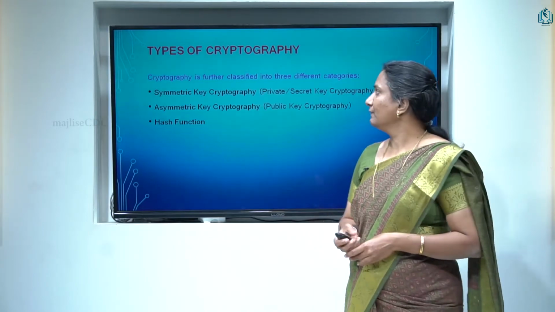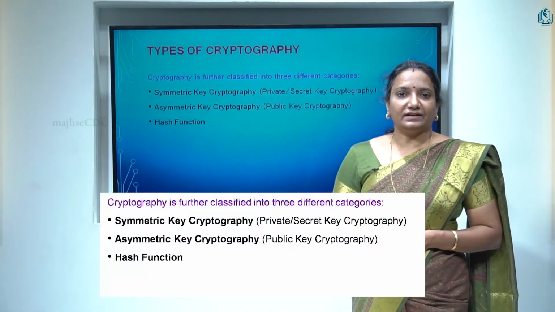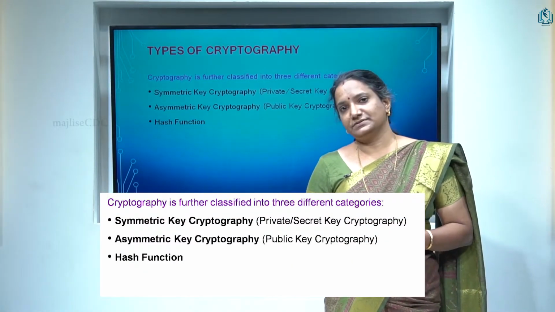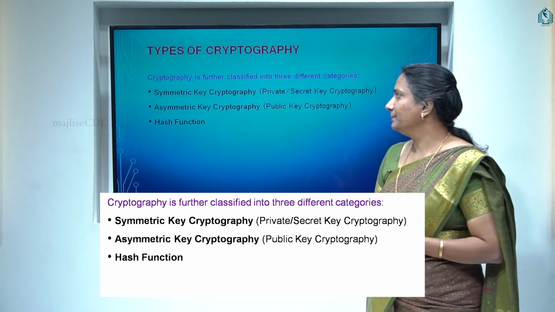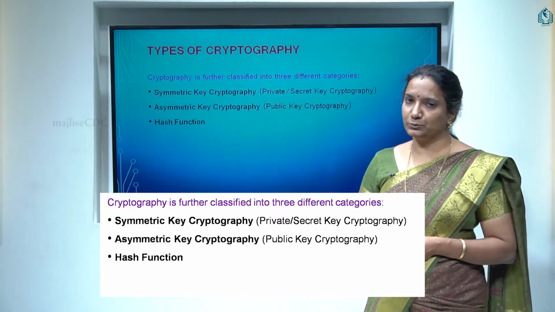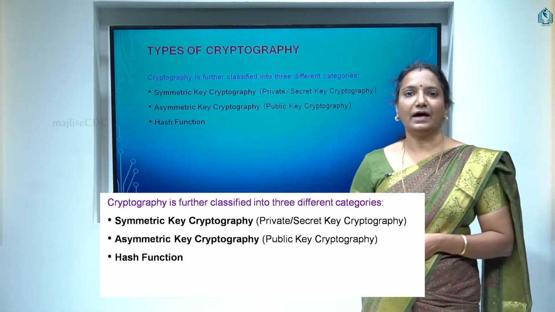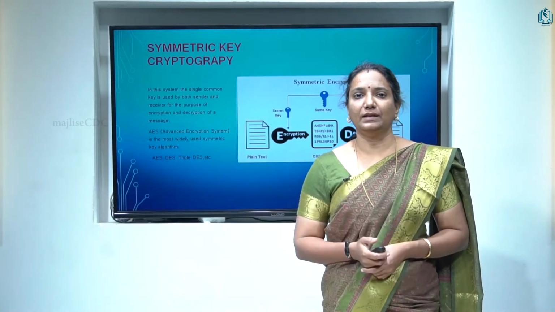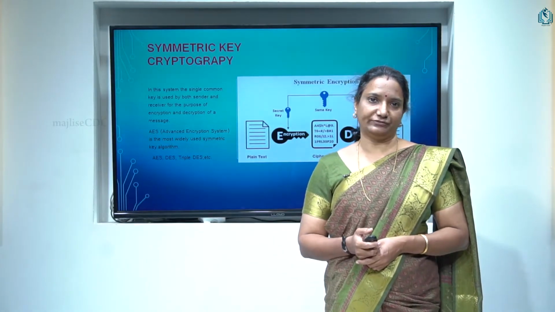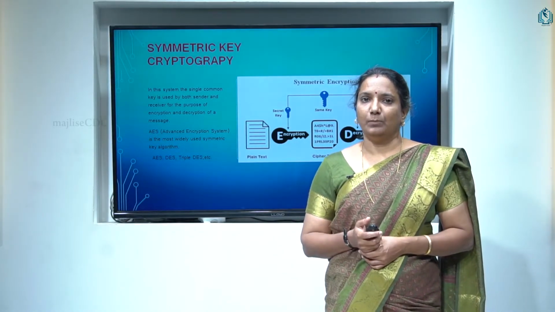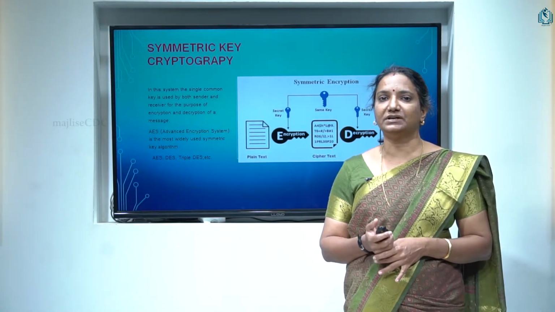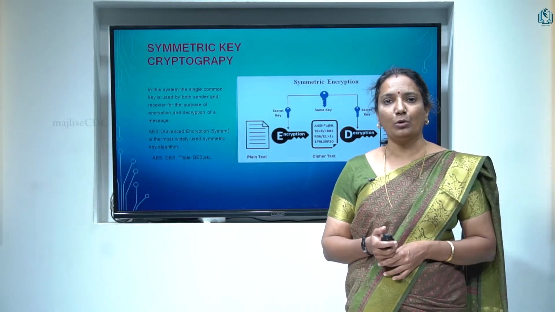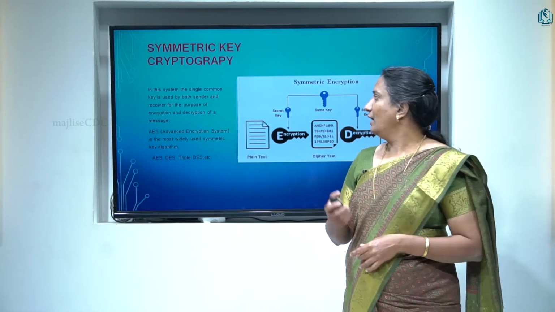Next, there are three categories of cryptographic systems. One is symmetric key cryptography, next asymmetric key cryptography, next hash function. In symmetric key cryptography, for both the sender and receiver, that is for encryption and decryption, a single common key is used.